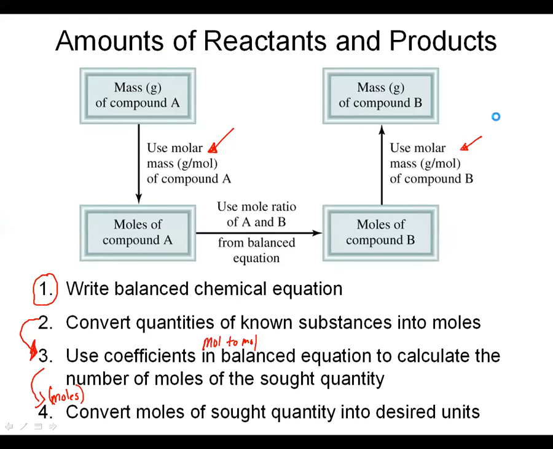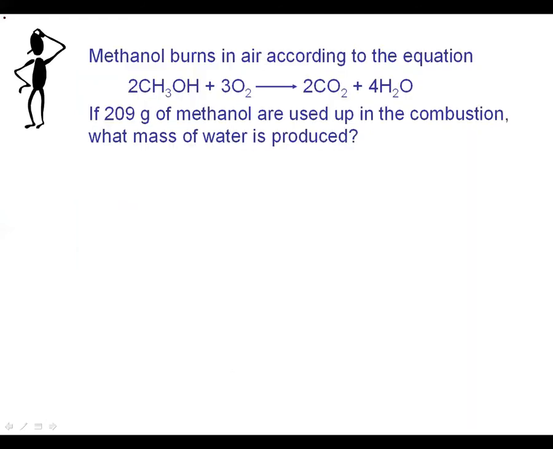All right, so why don't you try this one here and see what you come up with. Take a few minutes and then we'll talk about it. We've got methanol, which is CH3OH, burning in O2 to make CO2 and H2O in a combustion reaction. We want to know the grams, since it says mass here. So we want to know the grams of water that's produced.